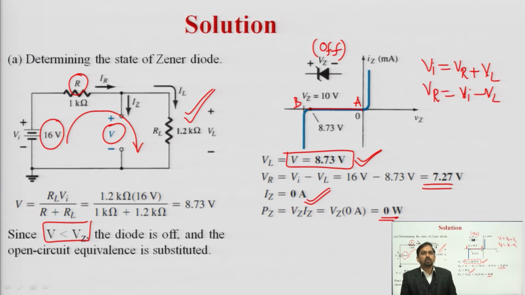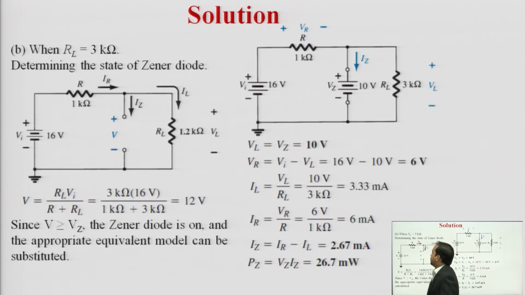Now, we need to see the second part, when RL equals 3 K. When the load is 3 K, we have increased the load resistance. So, again first we will calculate the open circuit voltage V. This V comes out to be 12 volt with the help of the voltage divider.